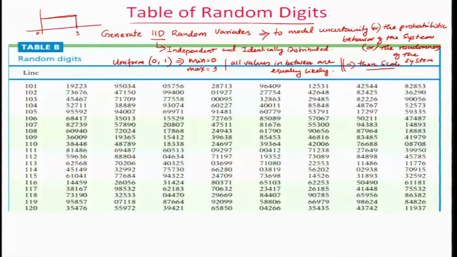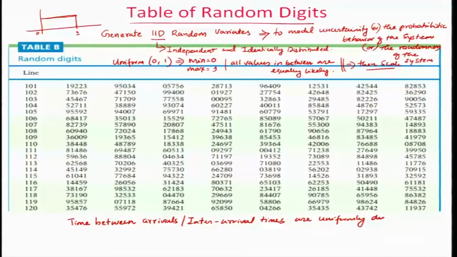Say the time between arrivals, which is also the inter-arrival time, is uniformly distributed between 5 and 15 minutes. So multiplication becomes easy, minutes.